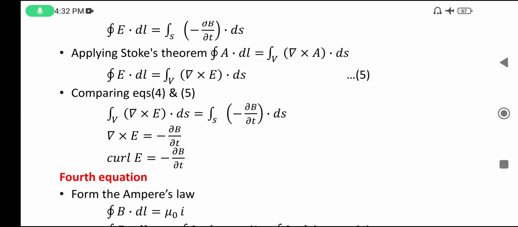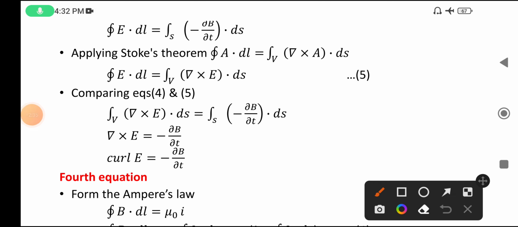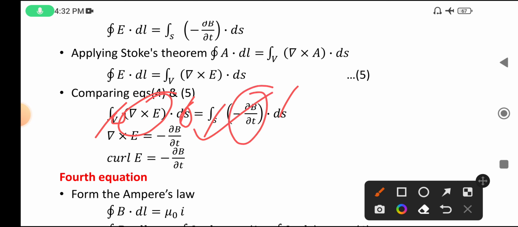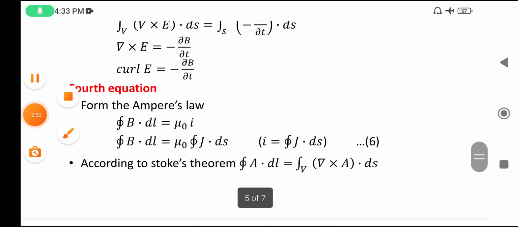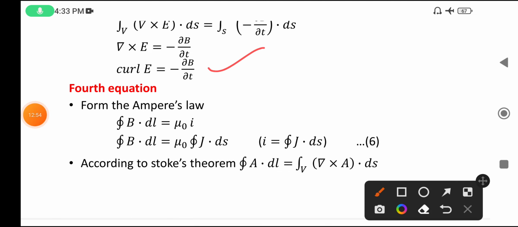Then ds cancels, the integral cancels, and del cross E, the curl of E, is equal to minus dou B by dou t. This is Maxwell's third equation in differential form.